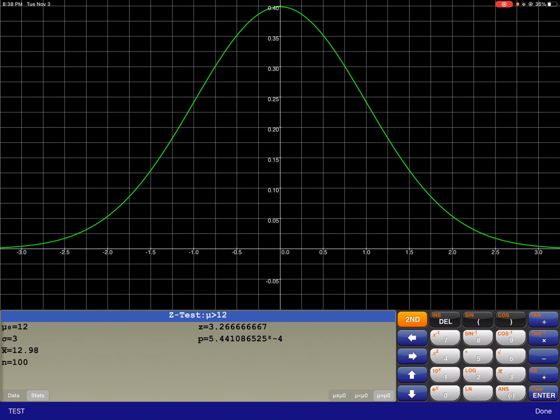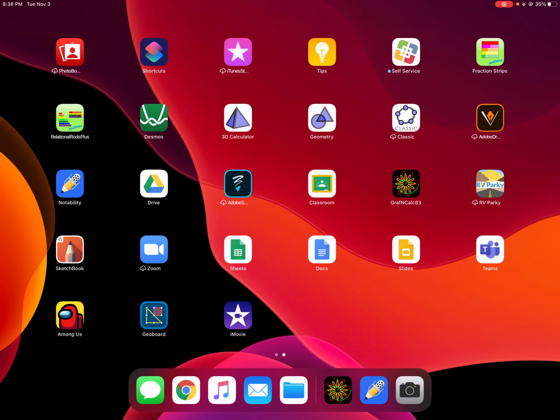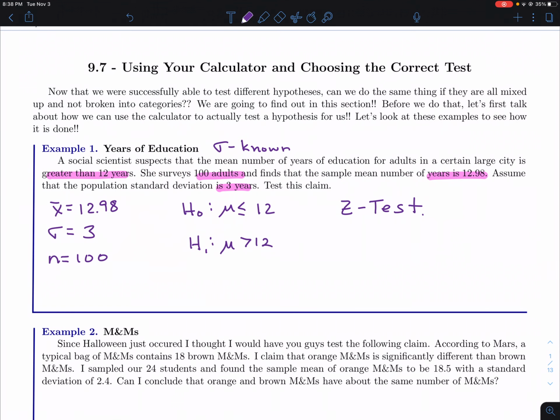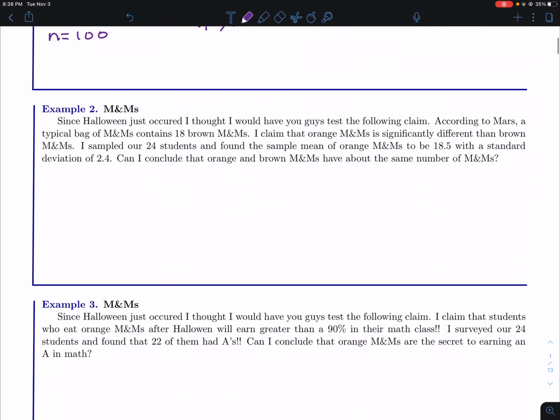All right, so let's go back, look at the next example and the next calculator command here. So example 2, this is the one we just did today. This was the one where our sigma was unknown, and the orange and the brown M&Ms were not that much different or anything like that. So again, let me write down everything I know.